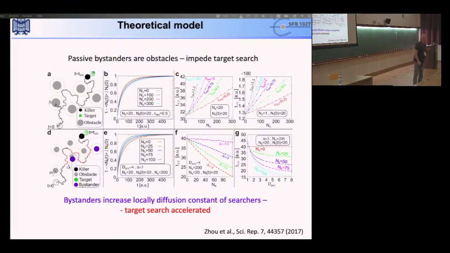No, here in this model, it's circles, I mean disks. I don't think that the shape will make a big difference.